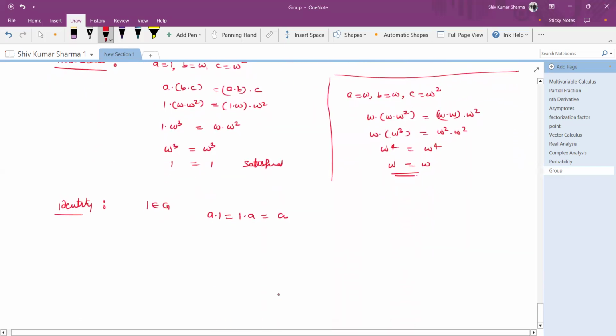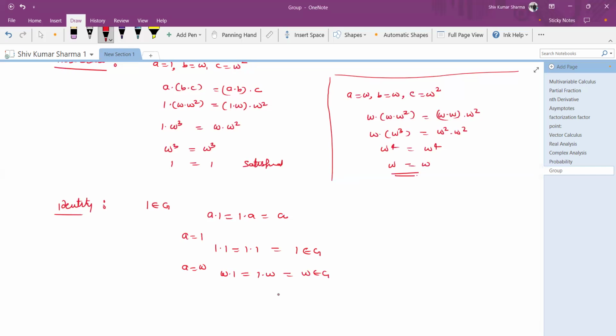So when we consider A equal to 1, 1 into 1 is equal to 1, and this 1 also belongs to G. Suppose we consider A equal to omega. So omega into 1 is equal to 1 into omega, which gives us omega. Omega belongs to G, so the property of identity is satisfied.